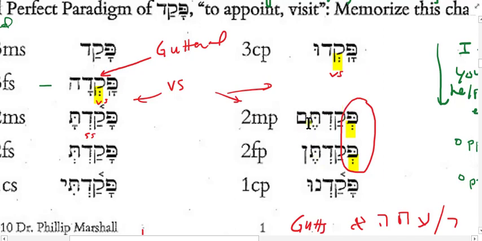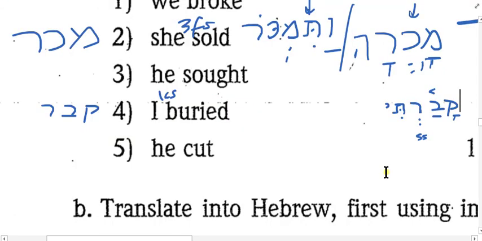And then I have heavy consonantal endings here, so it's pekadtem, pekadten, not stressing root 2 here, but now I'm back to pakadnu, stressing root 2 with my accent there. Okay, so back here we have kavarti. So that's I buried. I, T ending, buried. So I've got my pointing here.